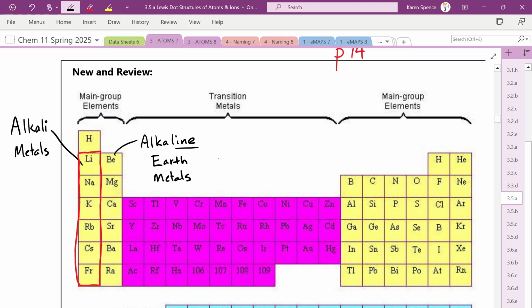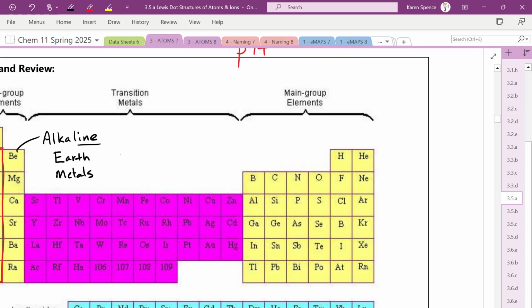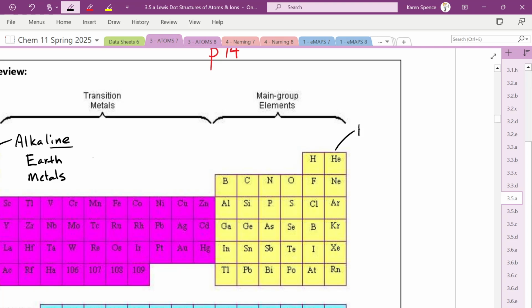What are the other 2 groups that we know the names of? The last one is noble gases. Way over here we have our noble gases. How many people think they know the name of group 17? You don't have to tell me.